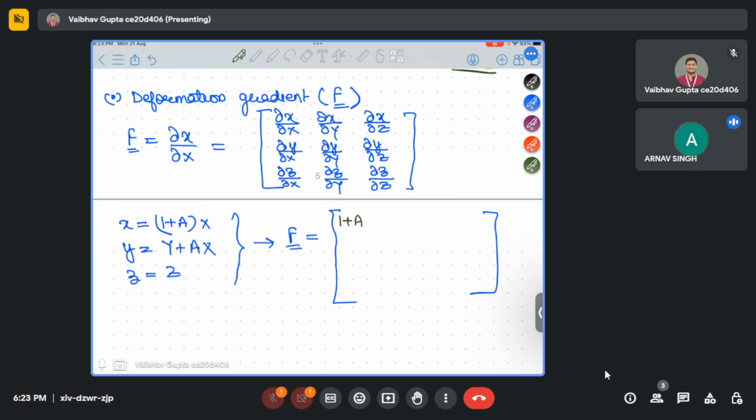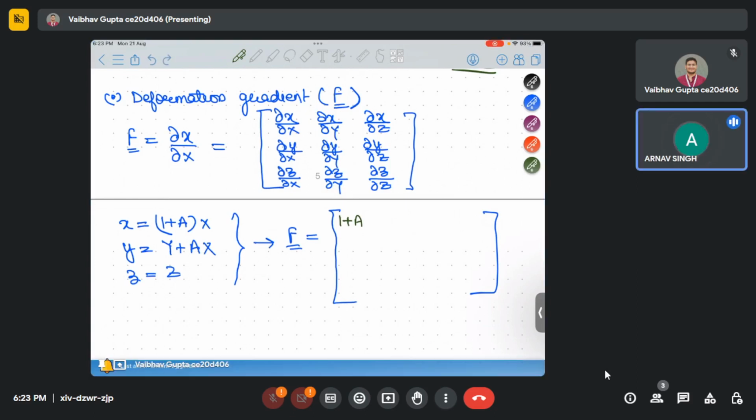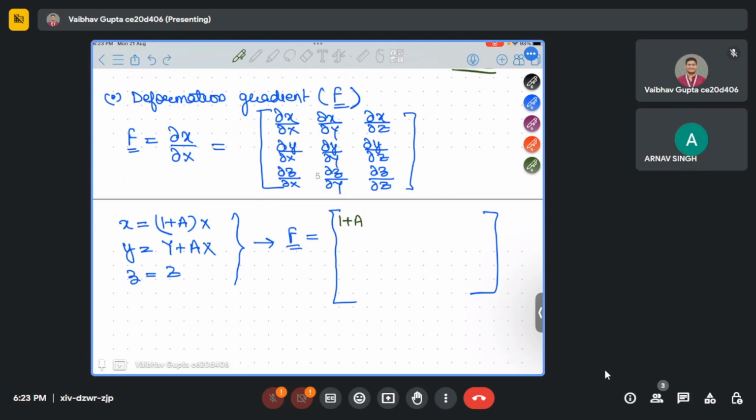What is the next term? dou small x upon dou capital Y. The derivative of this with respect to capital Y is nothing but 0, because no capital Y term is there. The third, dou small x upon dou capital Z, is 0. What is dou small y by dou capital X?